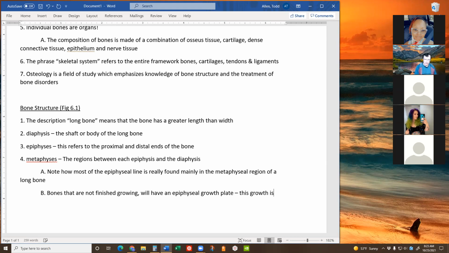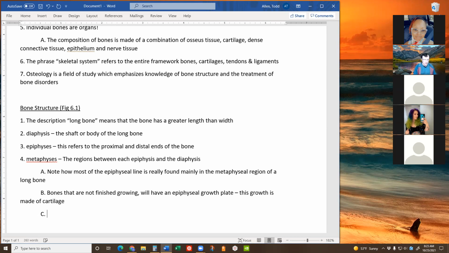This growth plate is made of cartilage. Okay, now in figure 6.1, figure 6.1 is not showing you an epiphyseal growth plate, it's showing you an epiphyseal line, and there's an important distinction here.